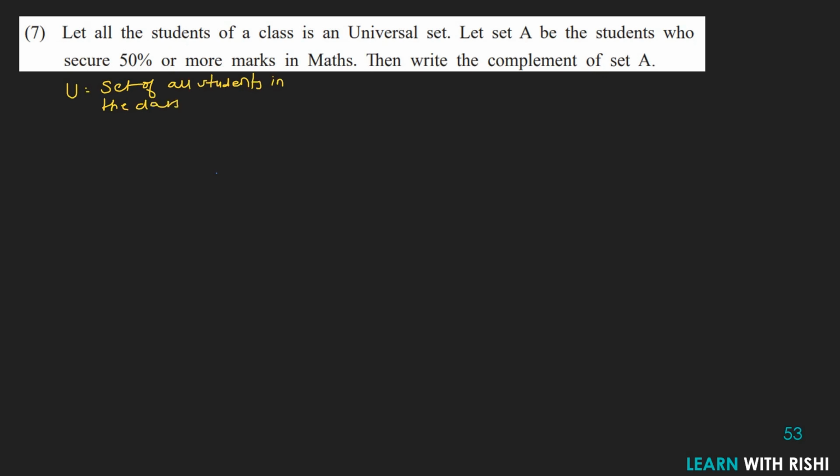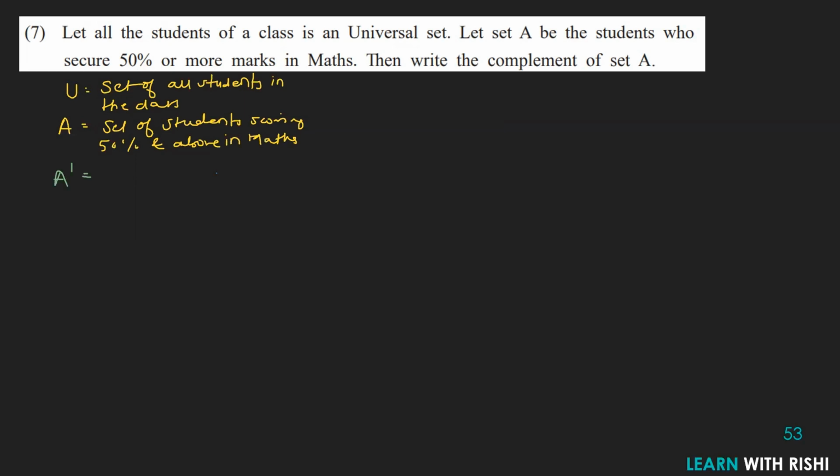Then set A. They have told us set A is the set of students scoring 50% and above in maths. They have asked, then write the complement of set A. Means we have to write A complement.